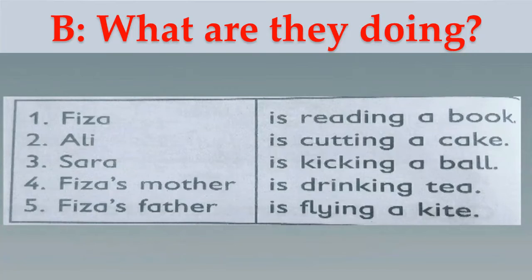She is cutting a cake. Good. The next one is Fiza's mother. And Fiza's mother is reading a book. The last one is Fiza's father. And Fiza's father is drinking tea. Good.